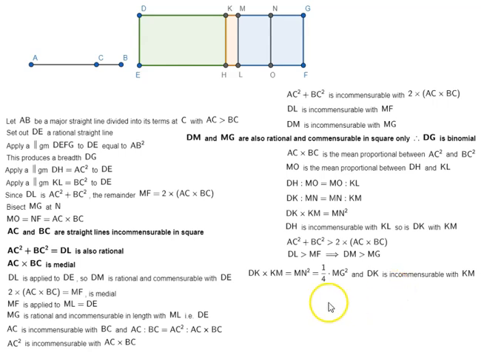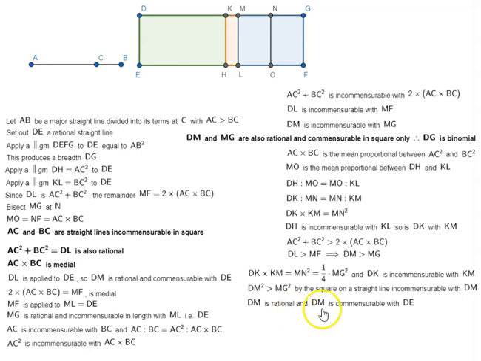So that means DM square is greater than MG square by the square on a straight line incommensurable with DM. DM is rational and commensurable with DE. So based on all these, we can say that DG is a fourth binomial straight line based on the definition of a fourth binomial straight line.